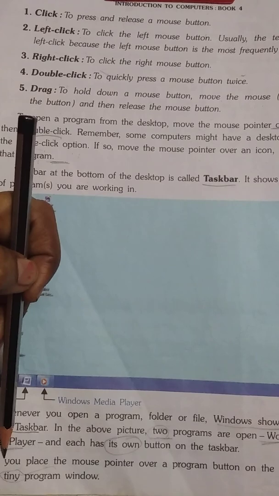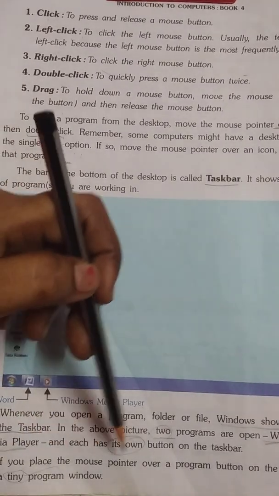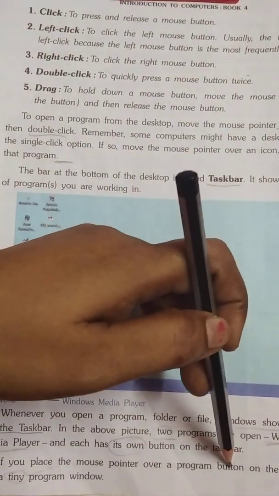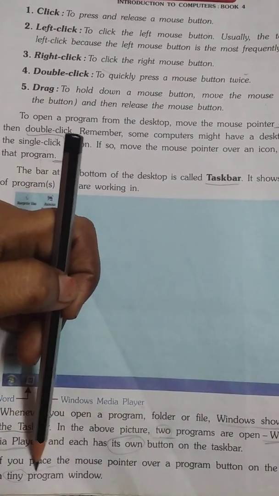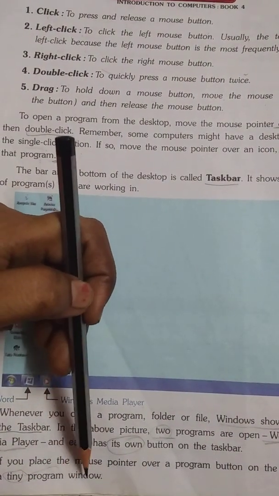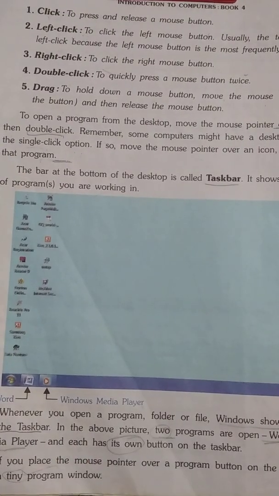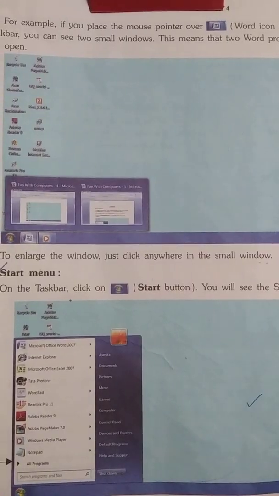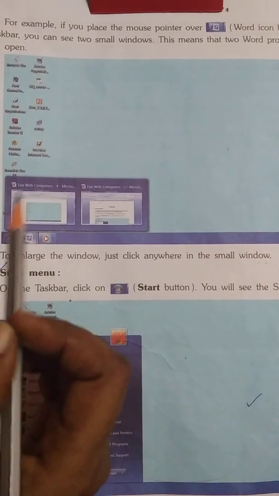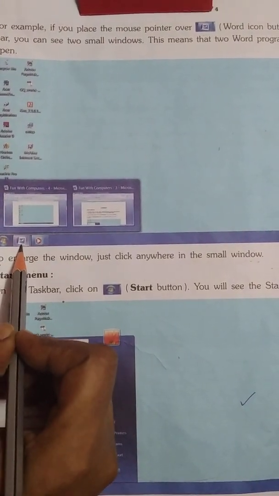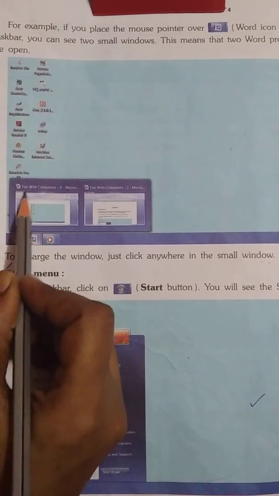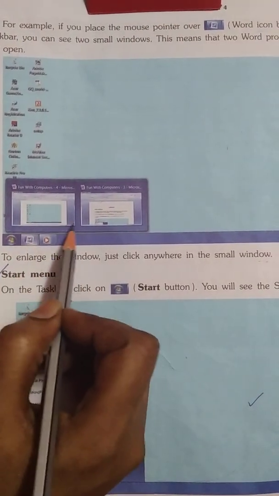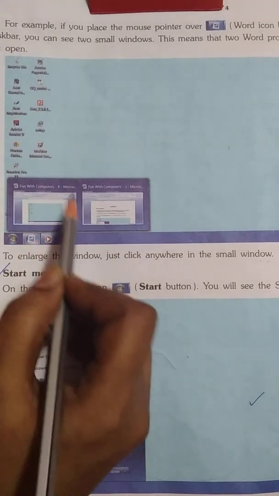If you place the mouse pointer over a program button on the taskbar, you can see a tiny program window. See, now if you click on this Word icon, it will show a small pictorial window.